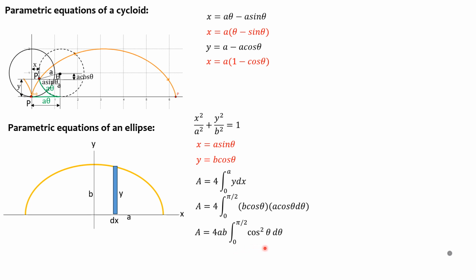So m minus 1, m minus 3 until 1 or 2. Then for cosine also, the power is n. So n minus 1, then n minus 3 until we reach 1 or 2 before we stop. Then times alpha, where alpha is equal to pi over 2 if both m and n are even, and if otherwise it is equal to 1.